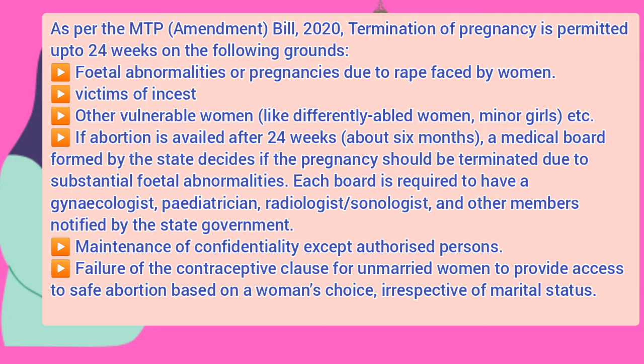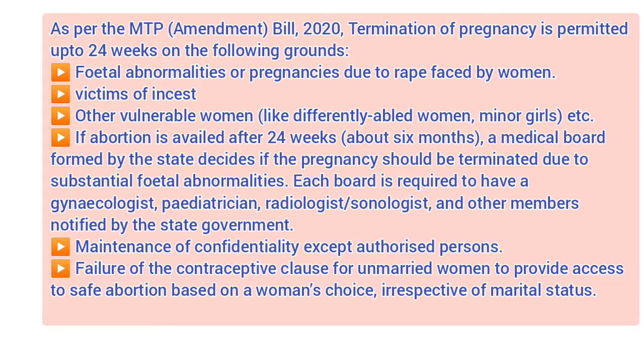So if a woman is suspected to have fetal abnormalities, or pregnancies due to rape faced by women, or the victims of incest. Incest means illegal sex between the members of the same family. For example, brother and sister. The sex between own brother and sister is known as incest.